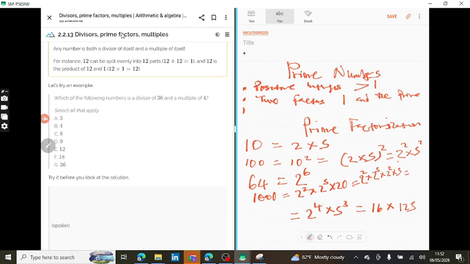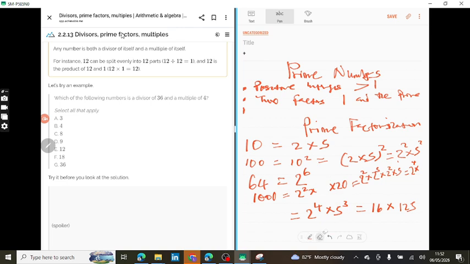So I now have 2 raised to the power 2 times 2 raised to the power 2, which is 2 raised to the power 4. My mistake. See, now I turned this upside down.